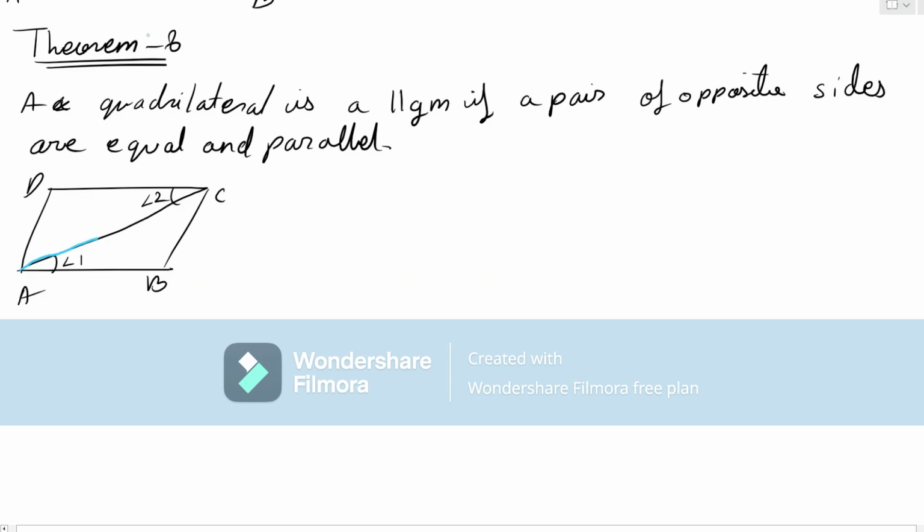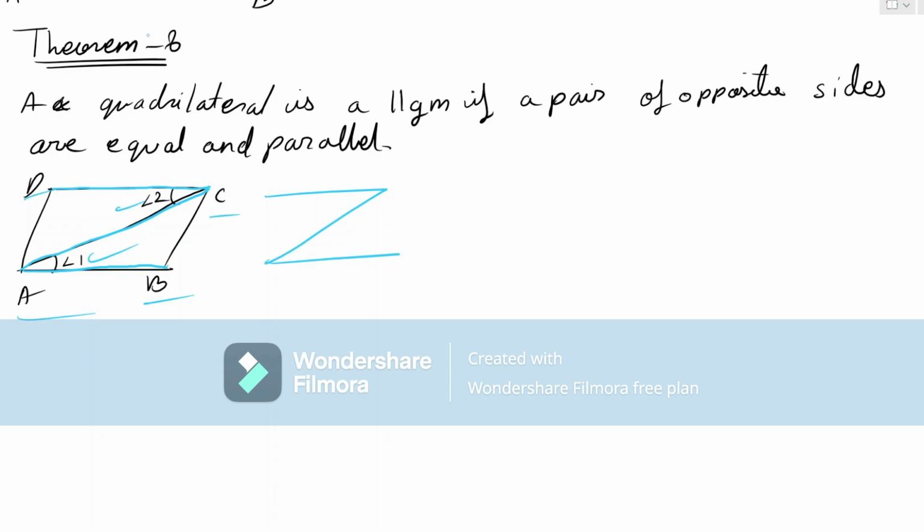This diagonal and this side form a Z. So if these two angles are equal, then AB and DC are equal, because they form a Z like this. So in a Z, the sides will be equal if the angles are equal.